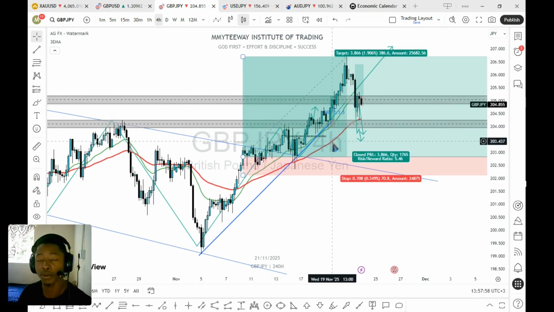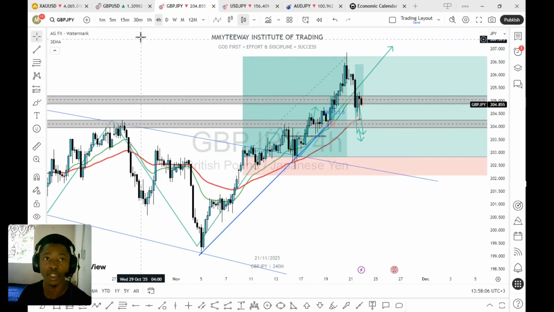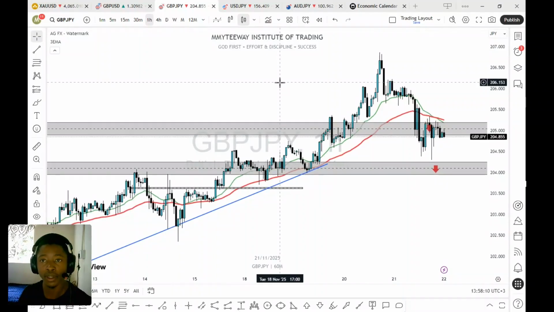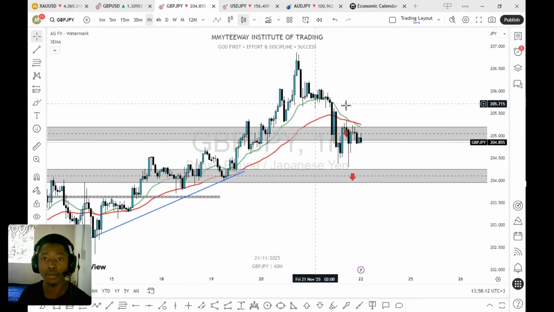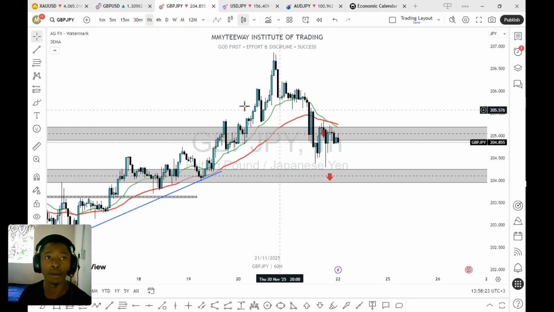The 50 exponential moving average was below the 21 period exponential moving average. Then we go to the 1 hour. In the 1 hour, at this point, it was the same. At this certain point, that's where I entered. It had not yet crossed over like this. So it was also showing an upward direction.